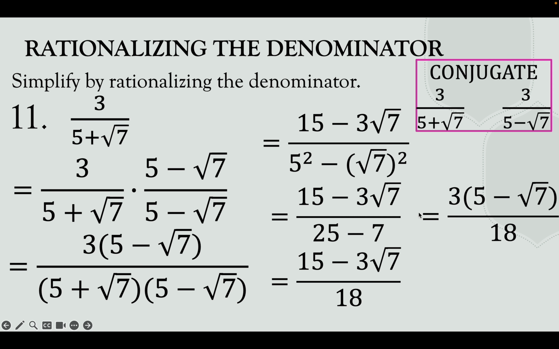Since our numerator can be factored, their common factor is 3. So 3 times 5 minus square root of 7 over 18. Now we can reduce 3 and 18, class. Their common factor is 3. So we have 5 minus square root of 7 over 6, since 18 divided by 3 is 6.